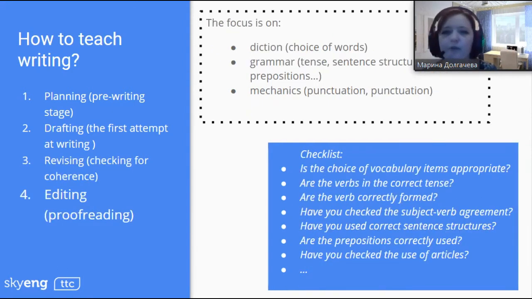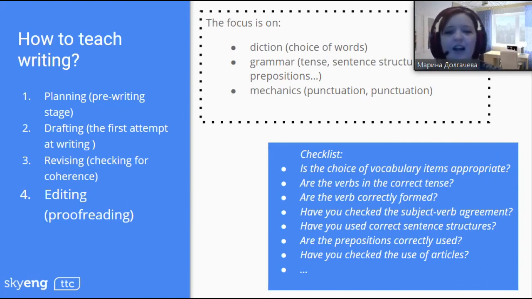What we have next is editing, proofreading. It's the last big stage of the process writing approach. Here we pay attention to the choice of words, collocations, style. It's about grammar, and it is about punctuation, the mechanics, spelling, all that stuff.